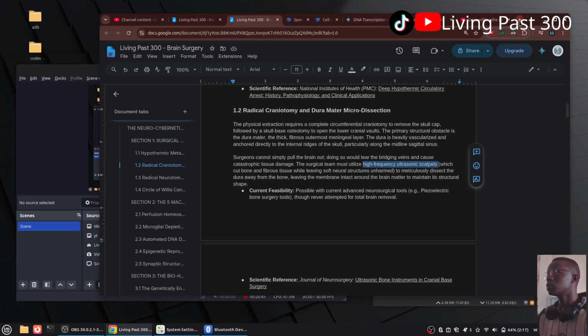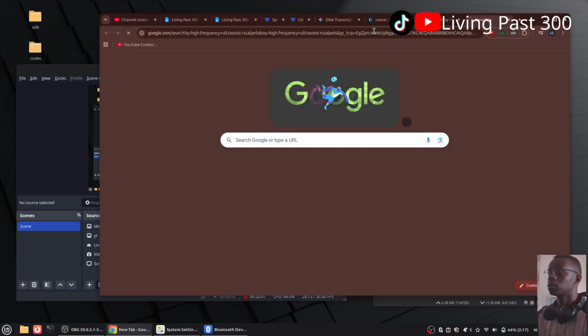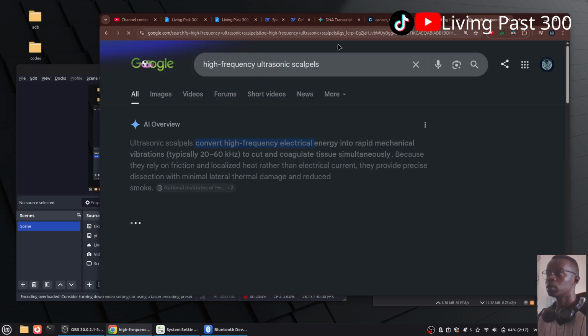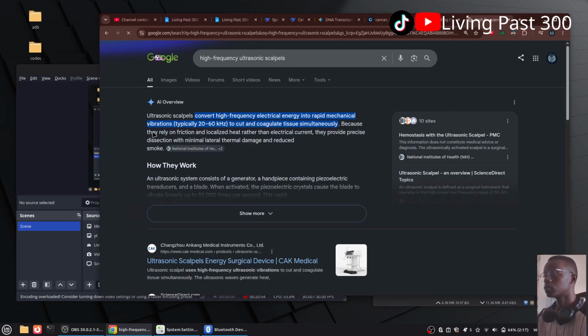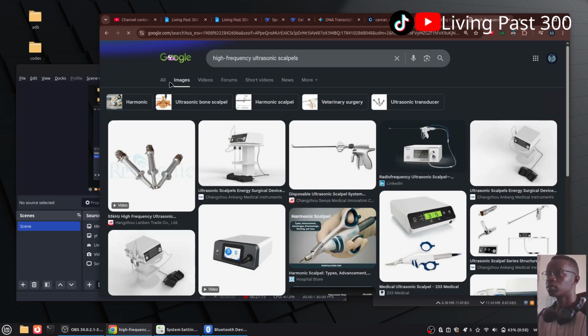What are ultrasonic scalpels? Let's maybe see a picture of how they look. Okay, they are just converting electrical energy into rapid mechanical vibrations to cut tissue precisely. Okay, they are like these things.